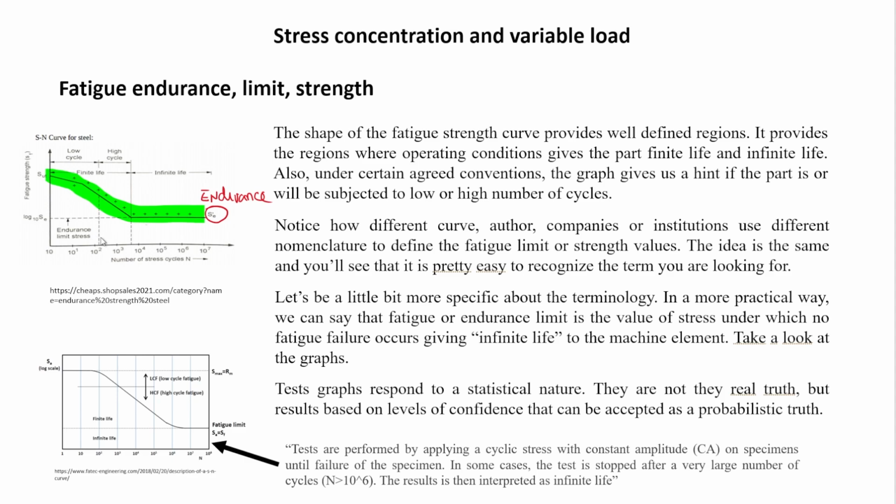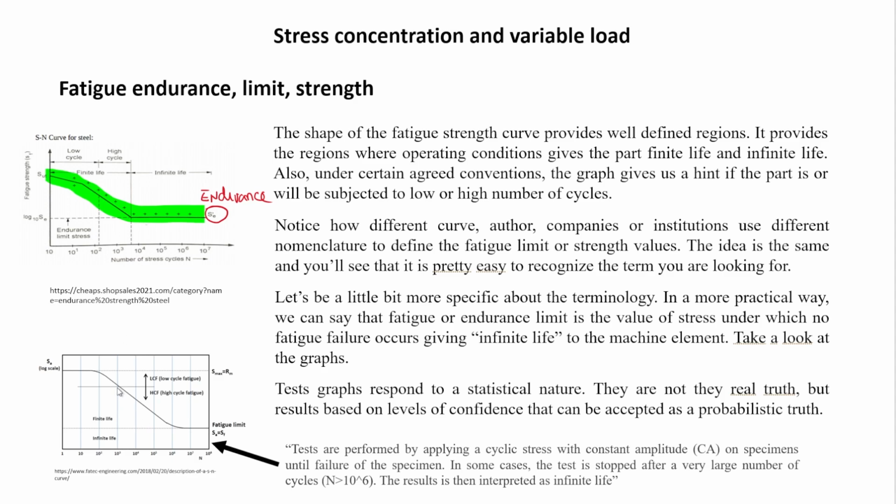And one thing we need to have present when dealing with fatigue is that when a part is subjected to variable loading, we can classify that part as a high cycle operative part or a low cycle operative part. Let me give you a very brief example.